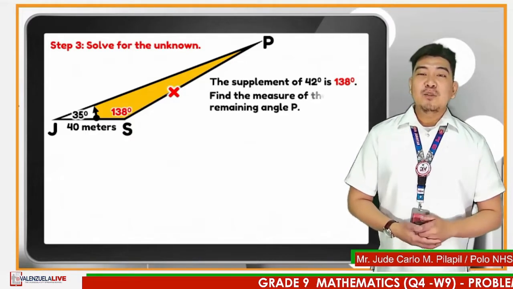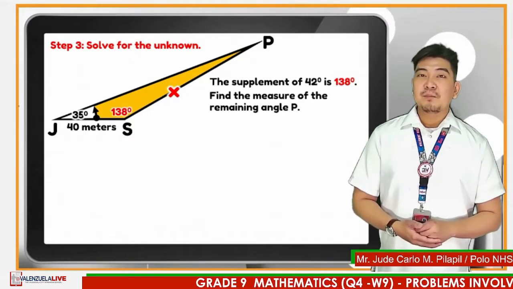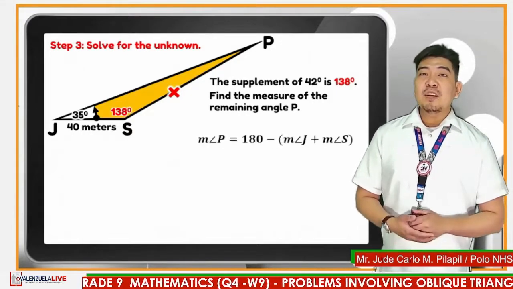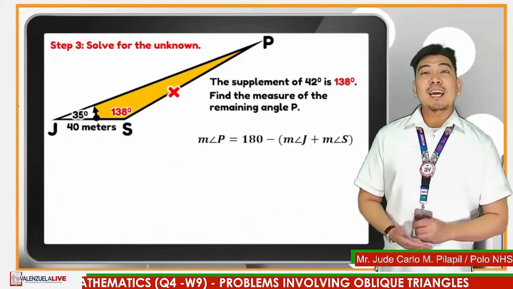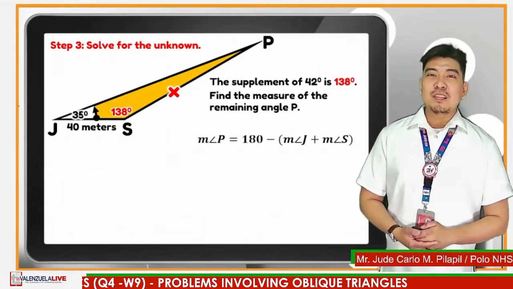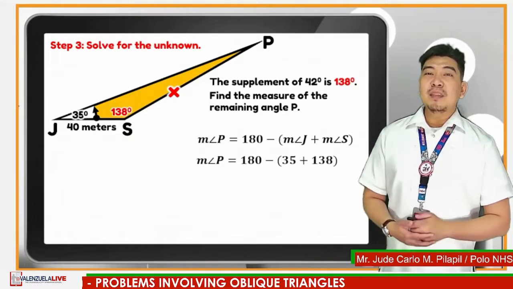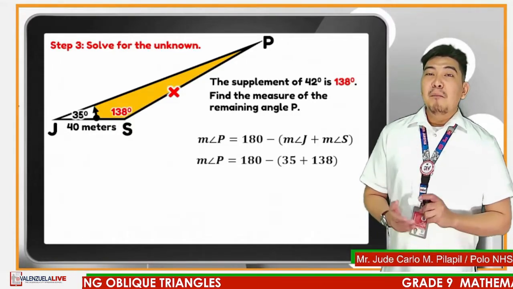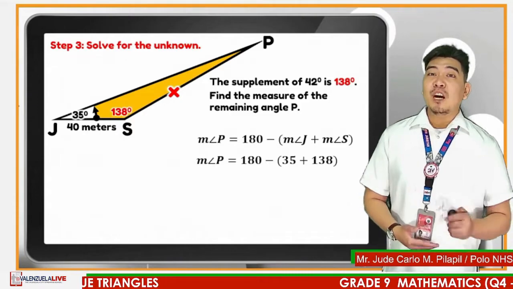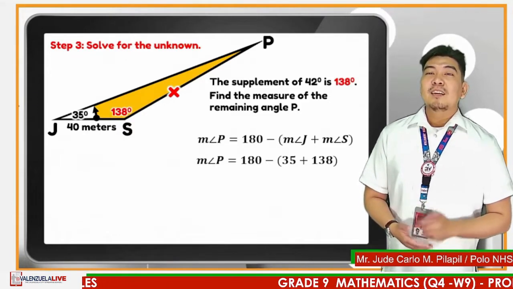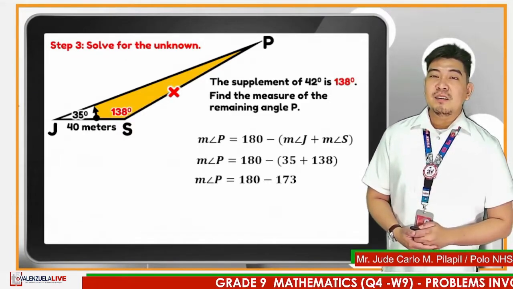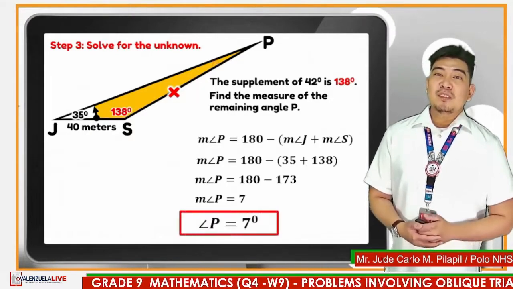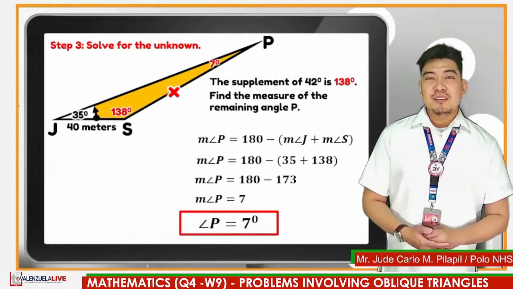Next, we need to find the measure of angle P. Another way of doing this is to get the sum of the given angles, then subtract it from 180 degrees. We will obtain the measure of angle P equal to 180 minus the sum of 35 and 138. Simplifying this equation, the measure of angle P is equal to 7 degrees.